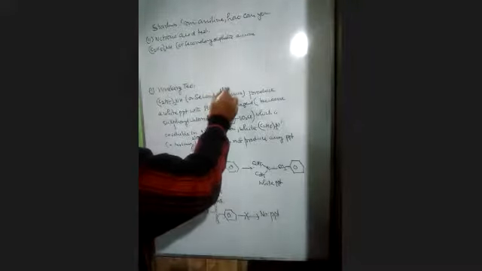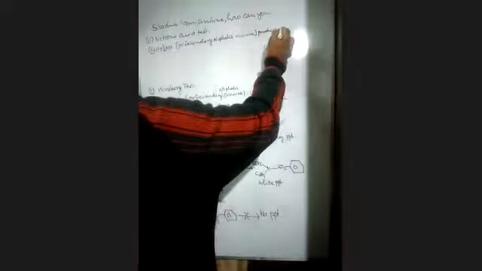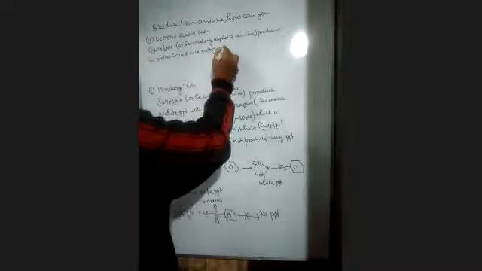And yes, here also you write secondary aliphatic amine produces a yellow liquid with nitrous acid.